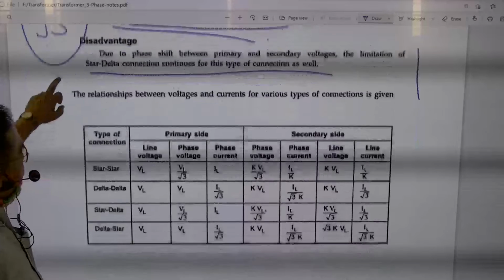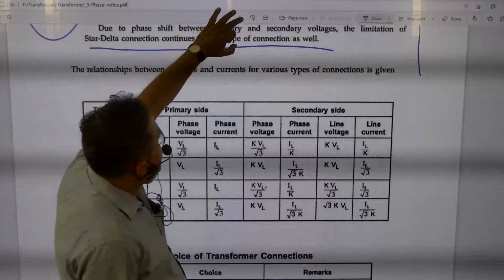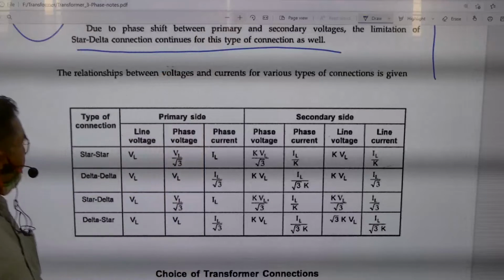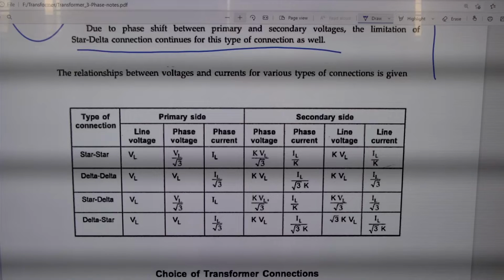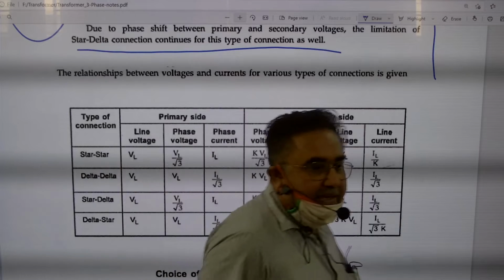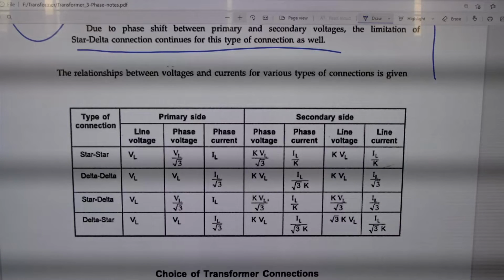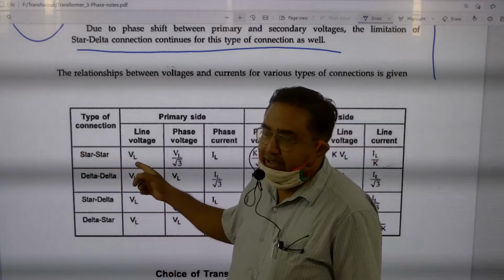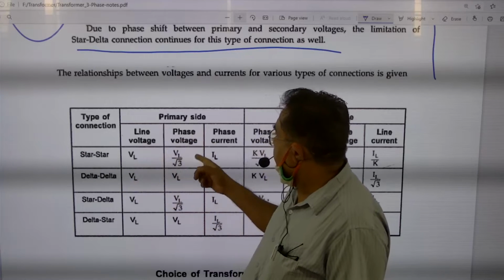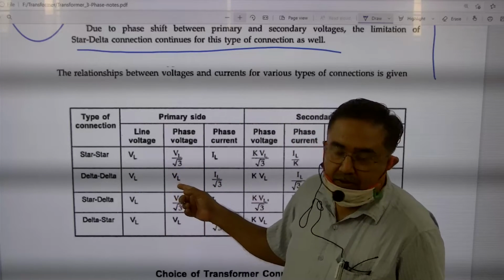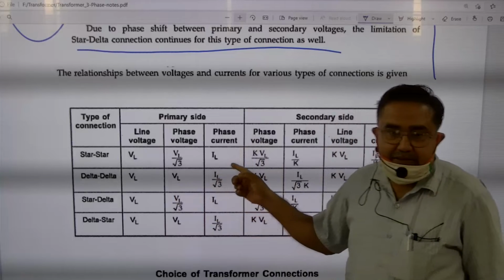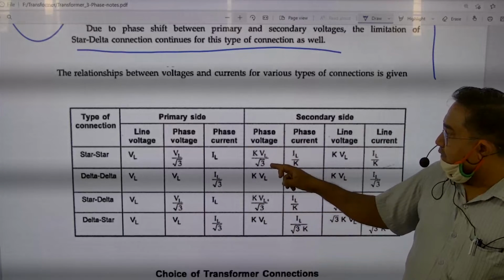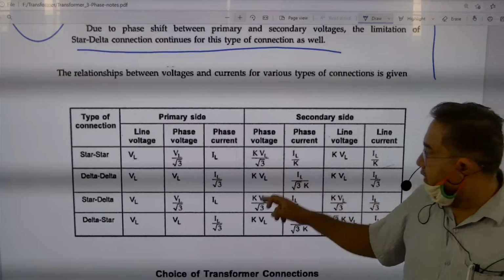Now this is a table, visible? This is a simple table which is elaborating everything, the voltage, current and transformation ratio. Okay. For example, if I take star star, line voltage is VL, phase current is IL, and therefore phase voltage will be how much?